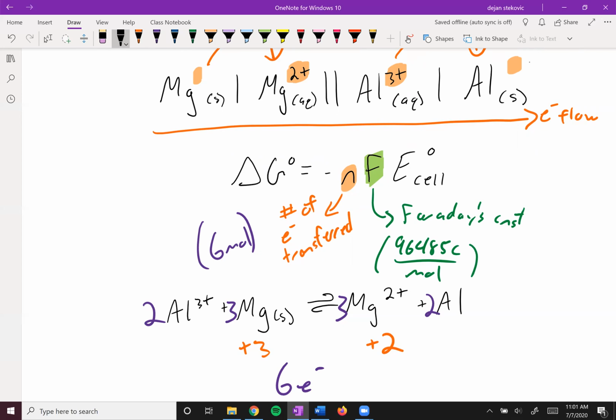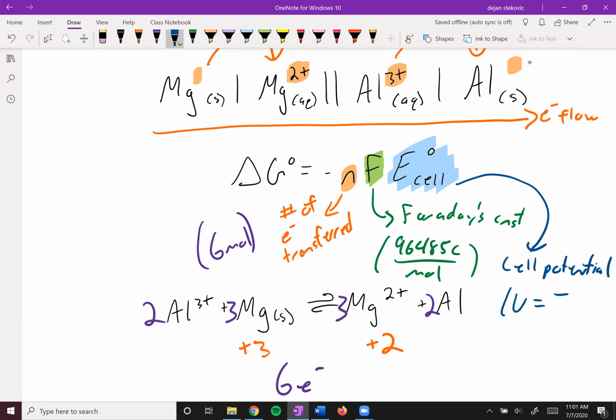And then we think to what E cell is, right? E cell is the cell potential. And this will have units of volts, which are equal to joules per coulomb. And so you can see all the units work out. Coulombs here will cancel out with this coulombs. This moles will cancel out with this moles. And so we'll be left with joules at the end.